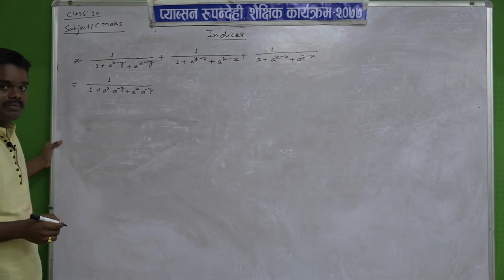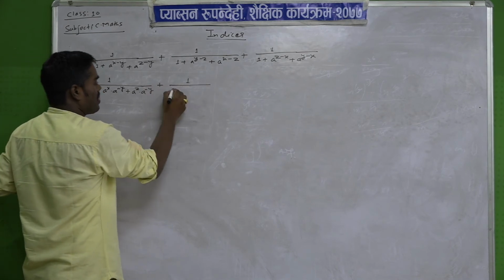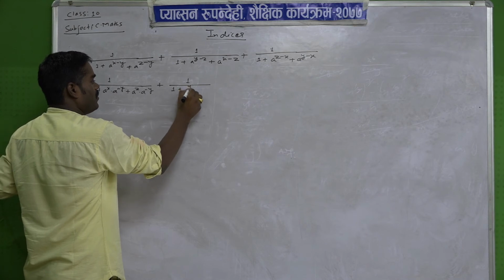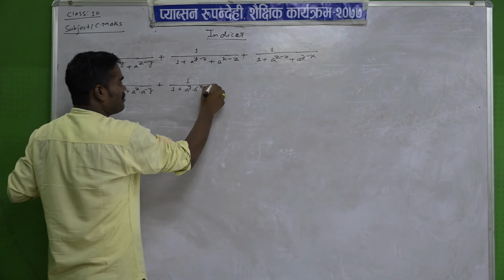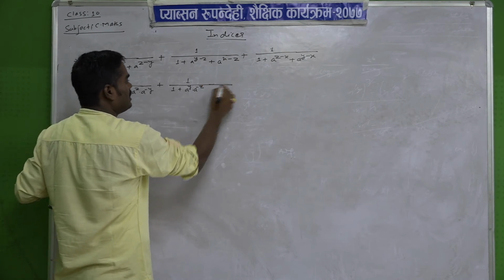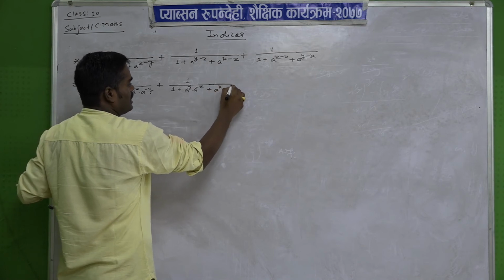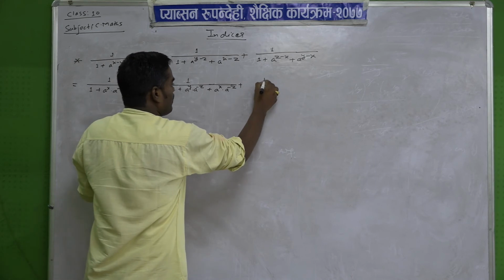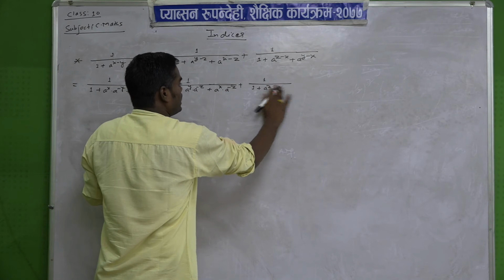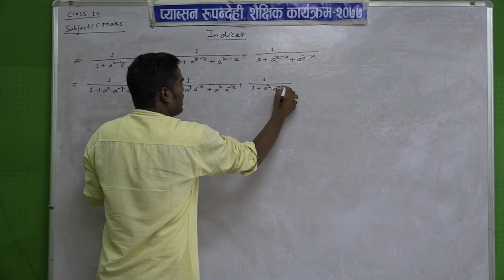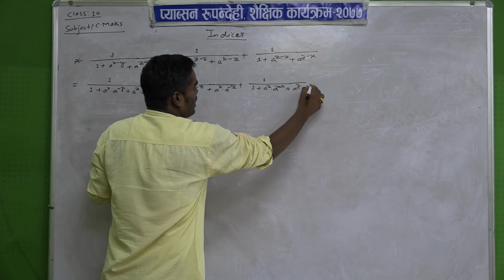You have to separate the power with the individual base, plus 1 plus a power y into a power minus z. If bases are the same then powers are added: a power x into a power minus z, plus likewise 1 plus a power z into a power minus x plus a power y into a power minus x.